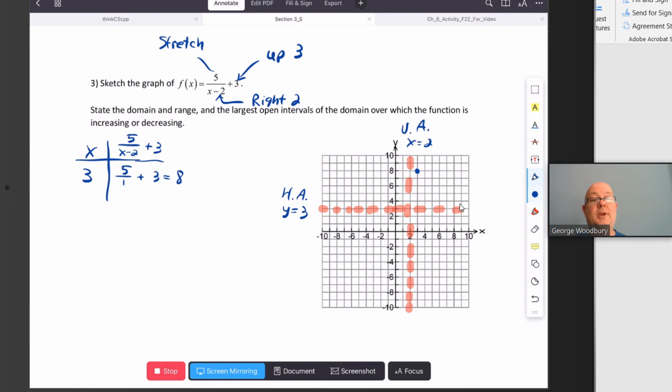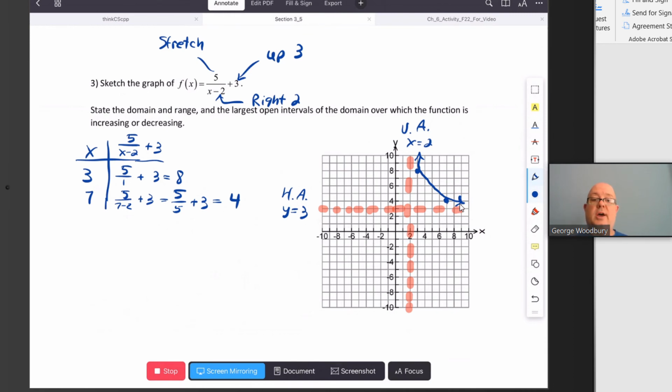So I need a denominator of 5. x minus 2 equals 5 goes along with x equals 7. So 5 over 7 minus 2 plus 3, that's 5 over 5 plus 3, or 1 plus 3, which is 4, over to 7, 4, and sketch it so it approaches those asymptotes.